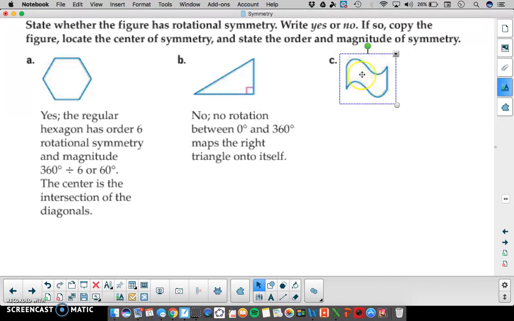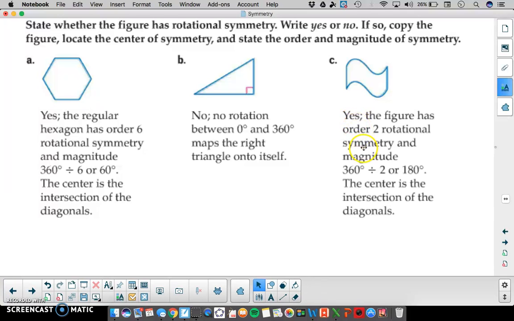Here, if I look at this figure, if I start to rotate it, there's 90 degrees, and it doesn't look like itself yet. But as we look at 180 degrees, it does look like itself again. As I rotate back, we are back at our original figure. So it did look like itself one time in that rotation, and then another time when we got back to our original position.